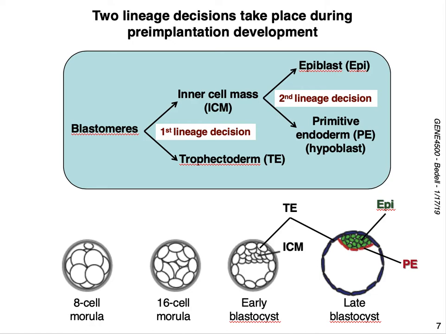Blastomeres, individual, equal potency. Now, the 16-cell morula, this is where it's between the 8-cell and 16-cell stage where the cells are starting to compact. But already you can see something happening here. We haven't had the first lineage decision just yet. But see how you can see this ring of outer cells with cells on the interior.